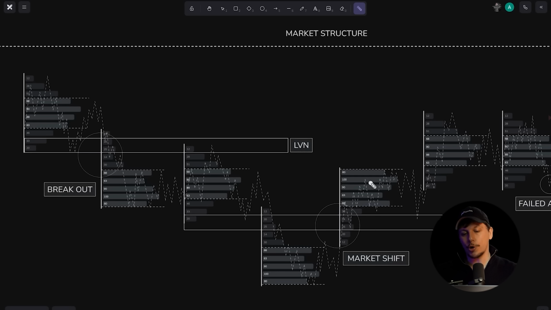Now, going to auction market theory and market structure, how can you define where institutions, hedge funds and banks are building value, so big market participants, by watching what for them is accepted as value. You can see from here the value accepted was this.